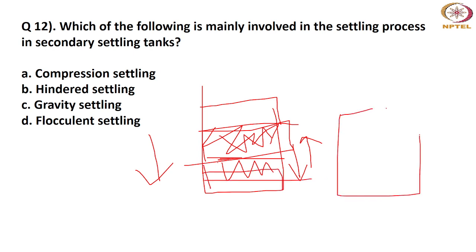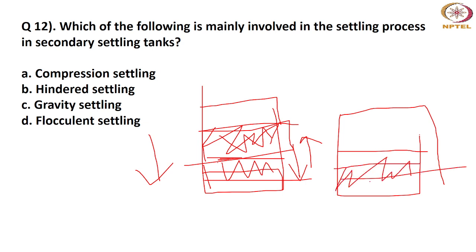Suppose at the bottom it was already that much, then after some time it goes to this height, and then it is reduced to this height and water is coming out from this layer. So both compression settling and hindered settling, right? Both A and B.